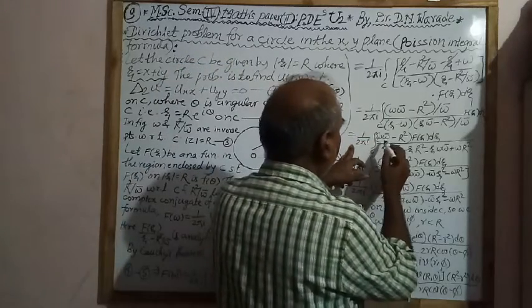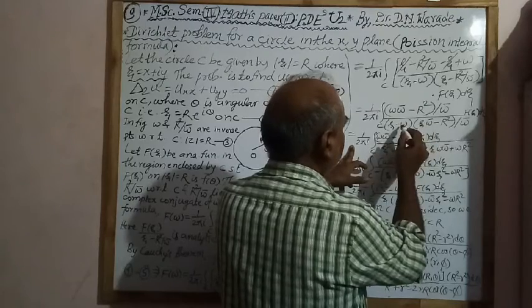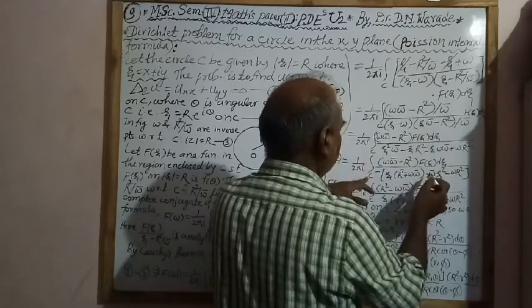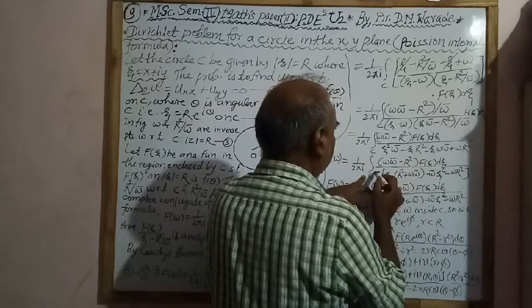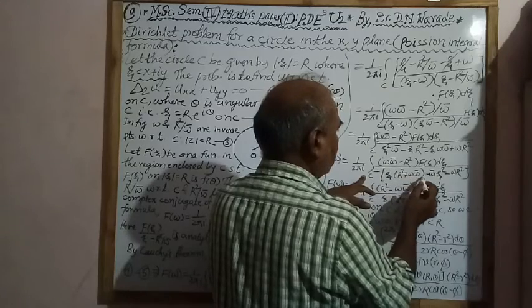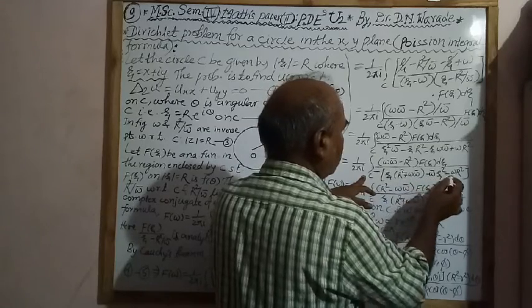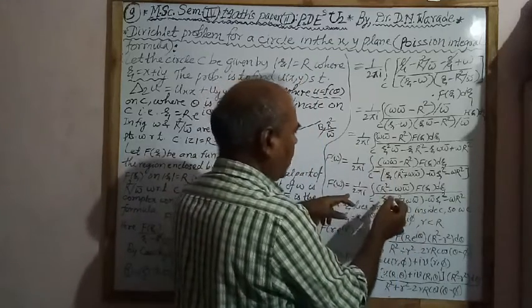Therefore 1 upon twice pi integration along C. We simplify this, multiply by xi, multiply by minus w, we get this. Then we take minus common here, minus of xi into r square per w bar minus w bar xi square minus w r square, and we shift the minus sign in the numerator.